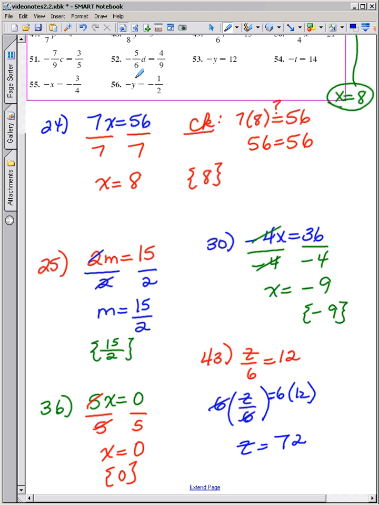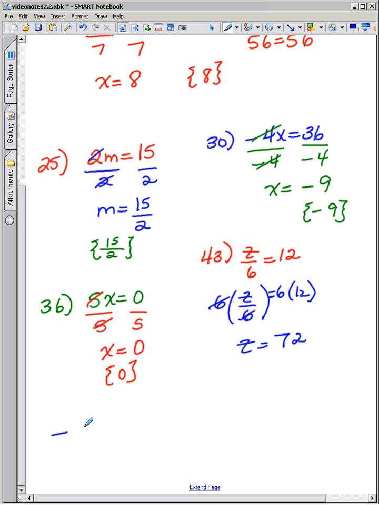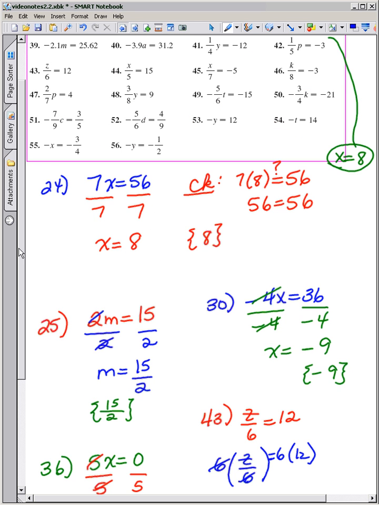What about number 52? You have negative 5/6 d is equal to 4/9. Okay, what number was that? 52.